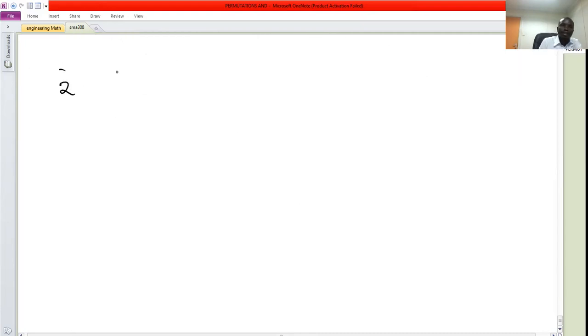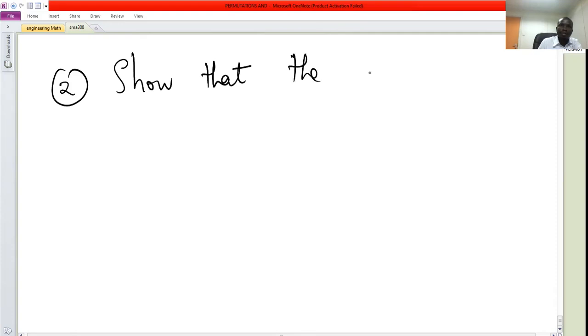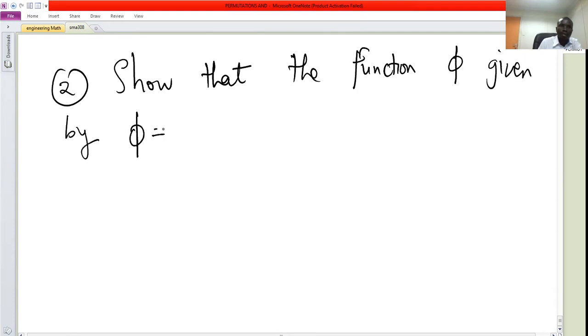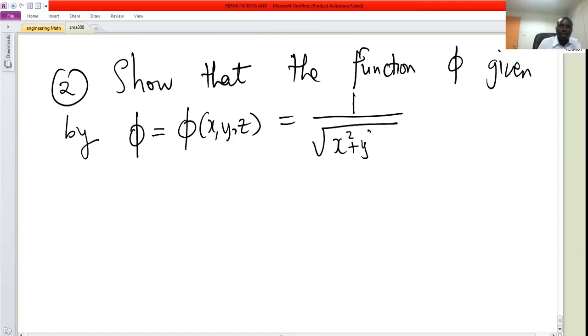Problem 2: show that the function phi given by phi equals phi of x, y, z equals 1 over the square root of x squared plus y squared plus z squared satisfies the Laplace equation.